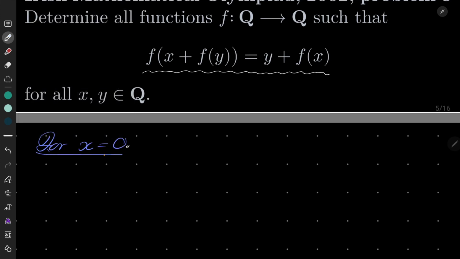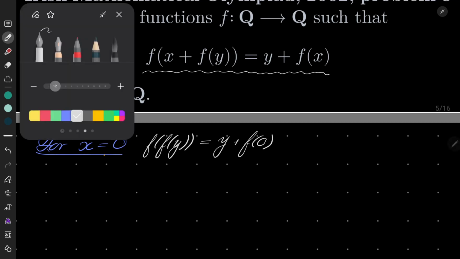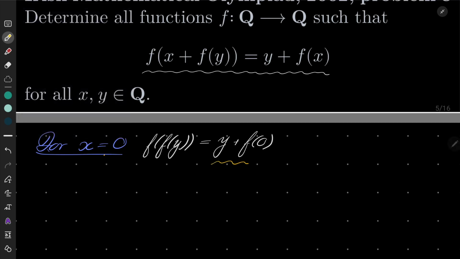We get the following: f of f of y equals y plus f of 0. And from that equation, we see that the right-hand side is injective.